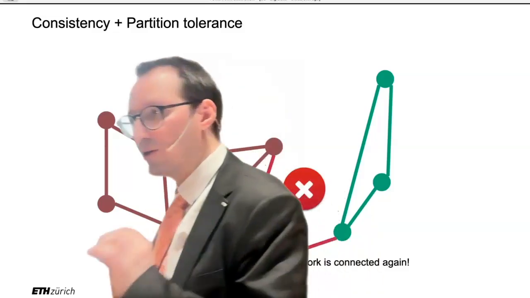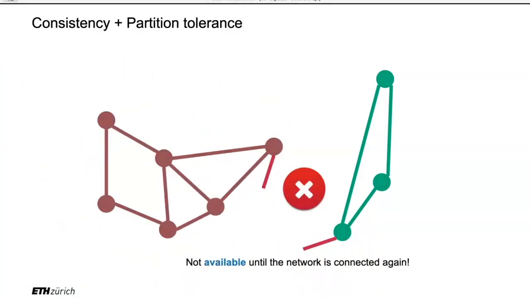And here you have the choice between two possibilities. Possibility number one, you insist on being consistent, so then you have no other choice than to temporarily stop giving responses. You stop being available. You say, sorry, you have to wait. Please come back a bit later. That's possibility number one.